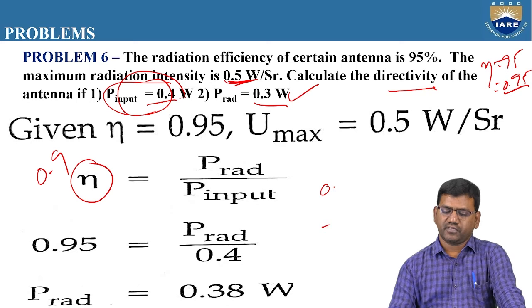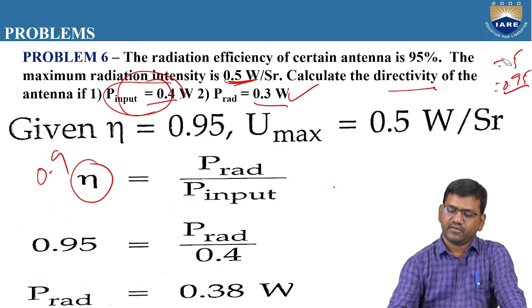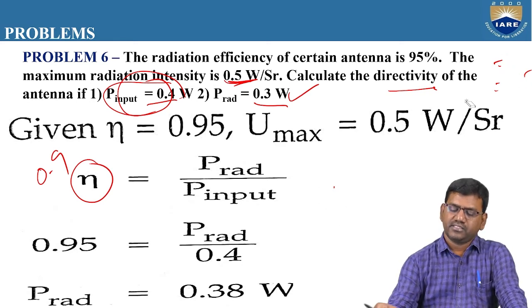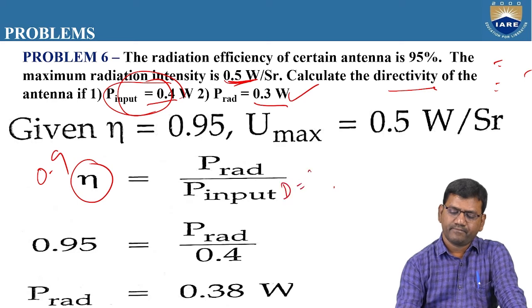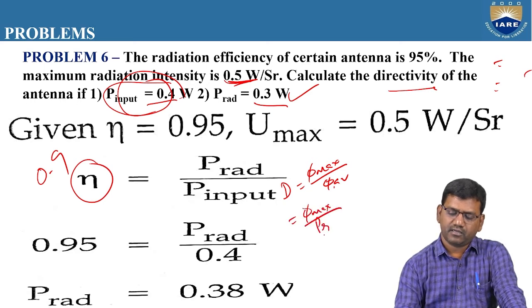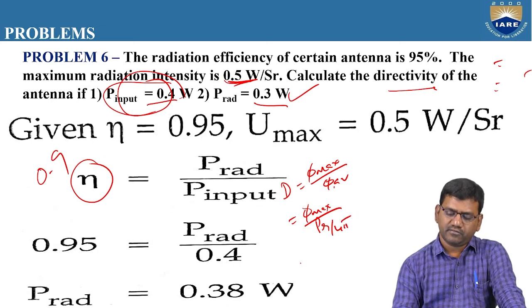The radiated power is already given. D is equal to phi max by P R by 4 pi, and this is equal to 4 pi into phi max by P rad.